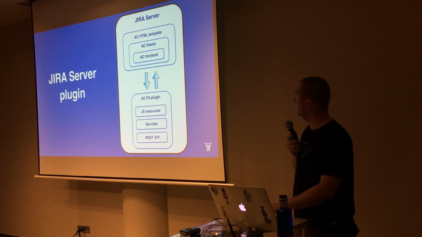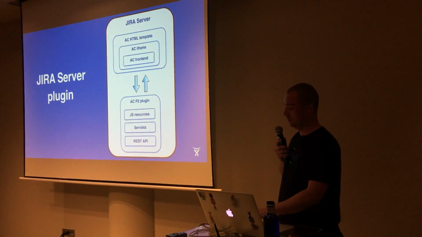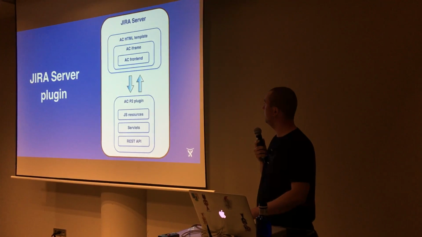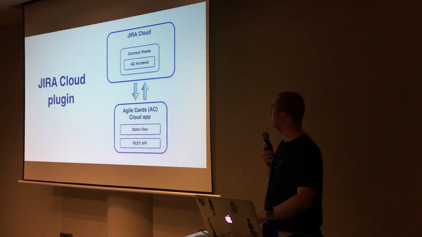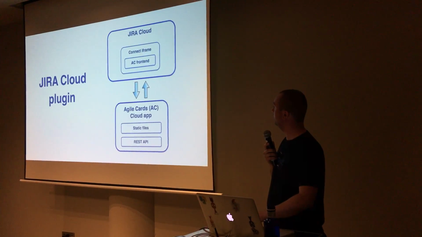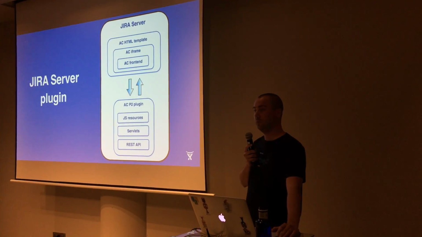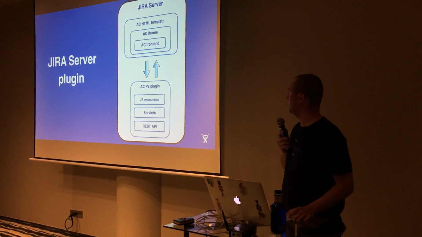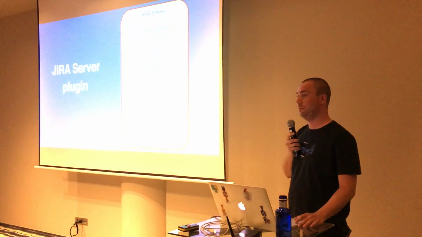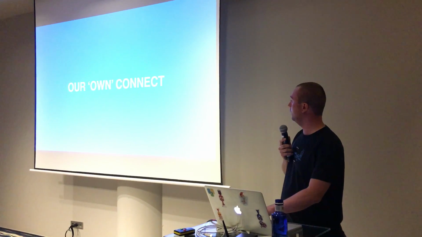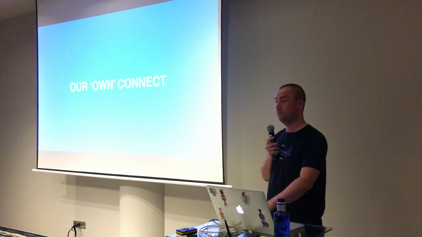It's created by our own plugin, and inside this iframe we show our front-end code. So look at the similarities. We have AC front-end code inside Connect iframe, and in JIRA Server we create an iframe and show our front-end code there. So it's like, let's say it's implementing Connect for JIRA Server. And yes, we had to implement our own version of Connect.